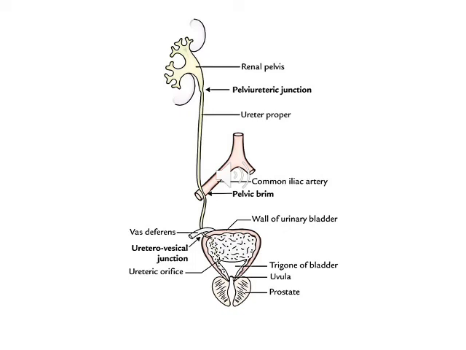Here you can see the three main anatomical constrictions of the ureter. First one is at the pelvic-ureteric junction.